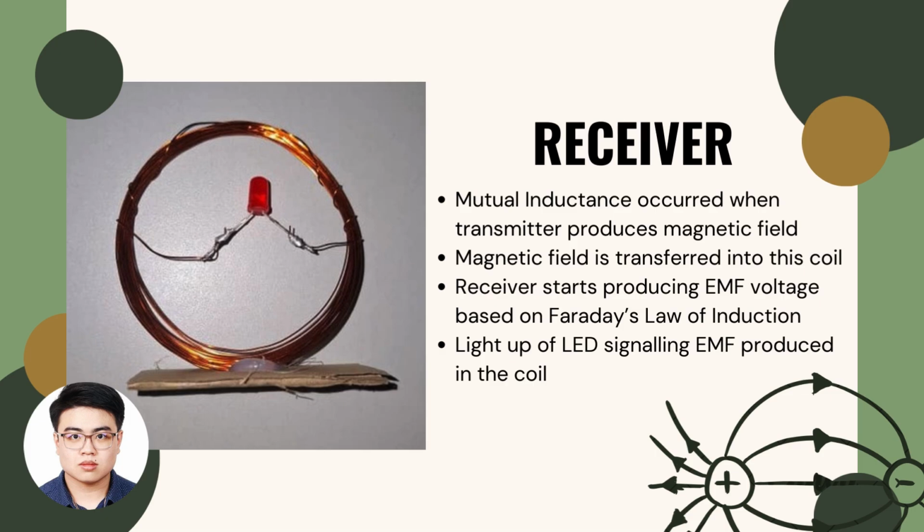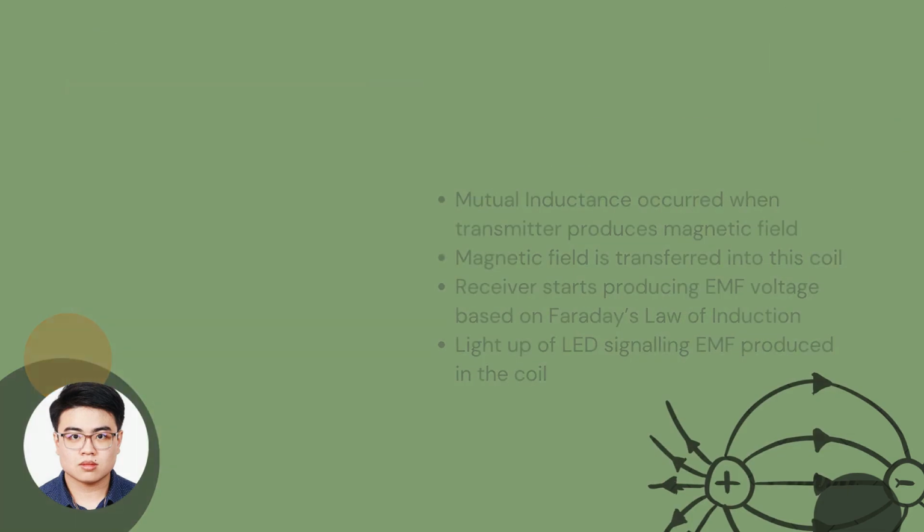With this EMF, it will light up the LED. Hence, power is transferred to the receiver wirelessly. Therefore, from a transmitter and receiver pair constructed just like that, we can produce a wireless power transfer system.